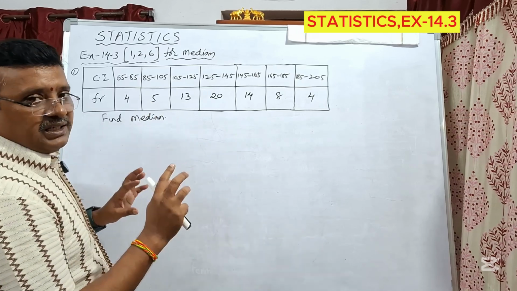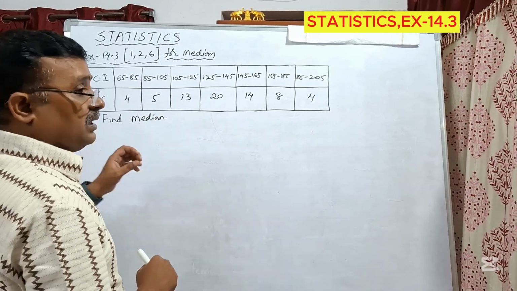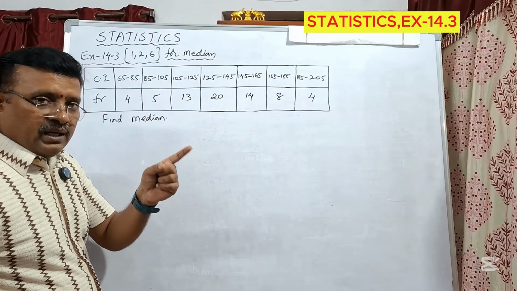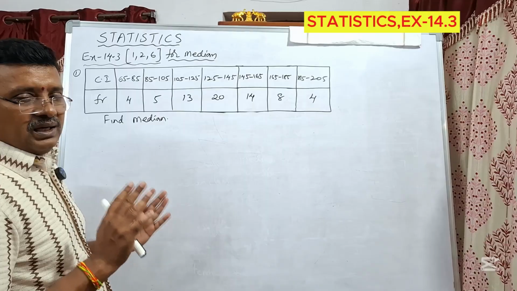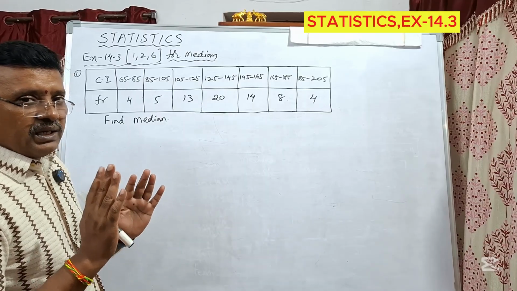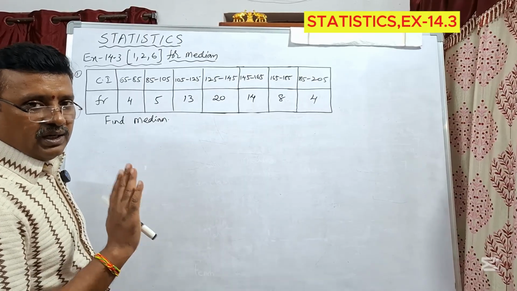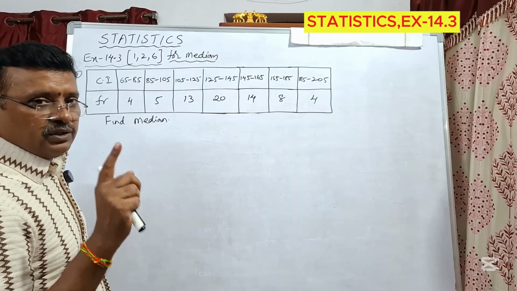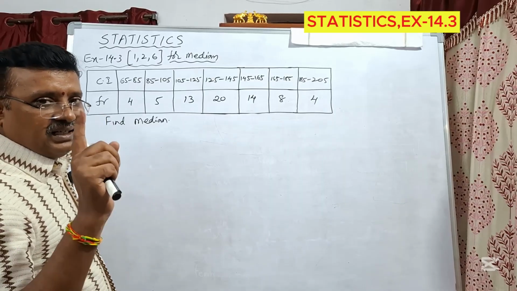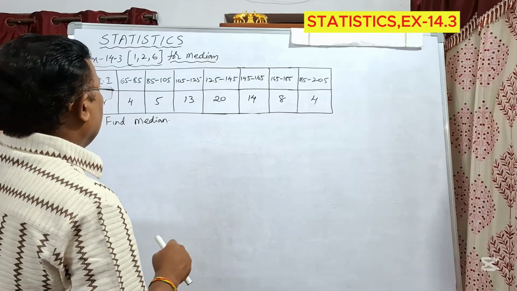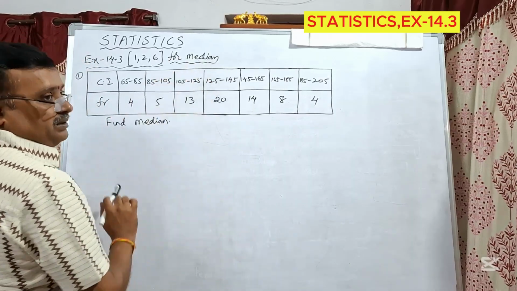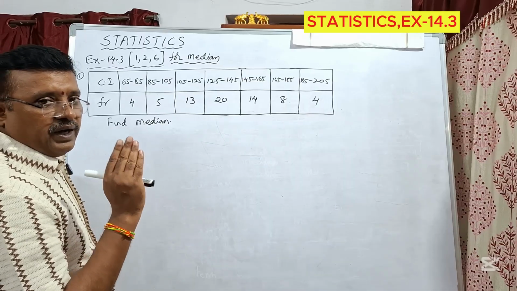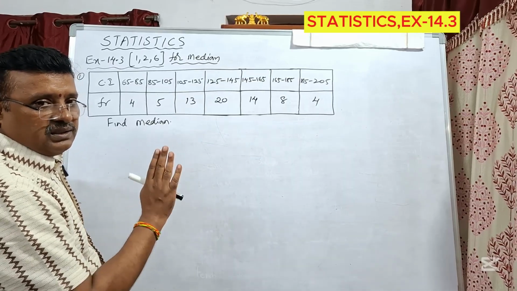In the textbook, they ask to find the median, mean, mode for the given table. But in the public examinations, only one central tendency will be asked. That's why I have chosen this exercise only for finding median. Finding mean and mode is not necessary for this.